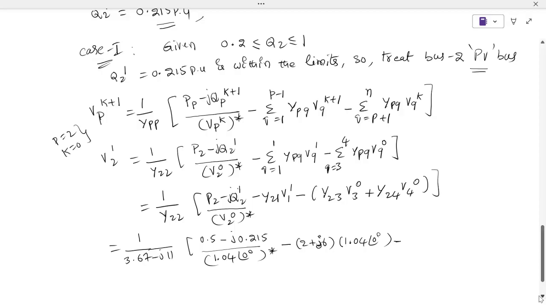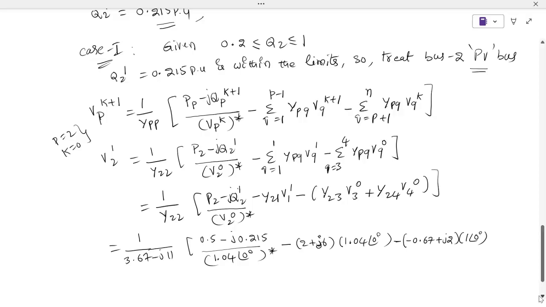These values now we are substituting. Minus Y23 is minus 0.67 plus J2, V30 as per the flat voltage profile, 1 at an angle 0 degrees.